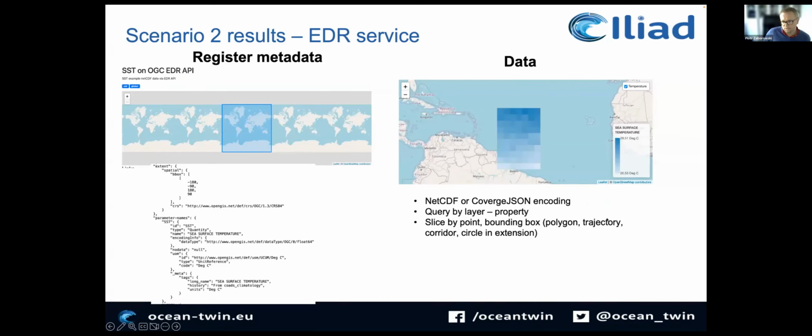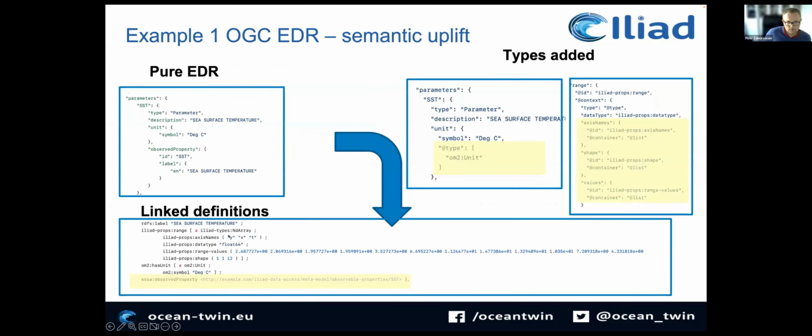So in the standard, you have the trajectory filtering and slicing. You have the corridor as well. Not all of the implementations naturally support all of the functions. And this is just the example. You've seen that in the netCDF file, the properties are mapped directly to this interface. But this is just a pure EDR.